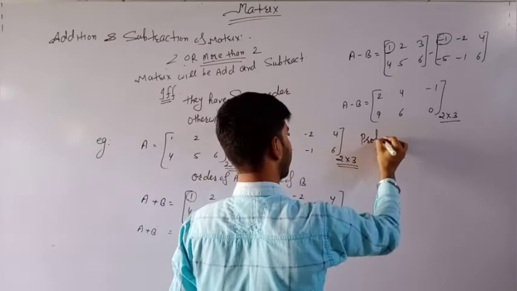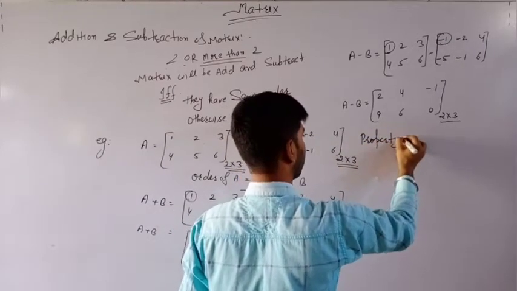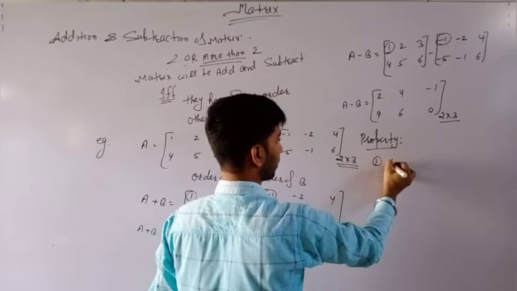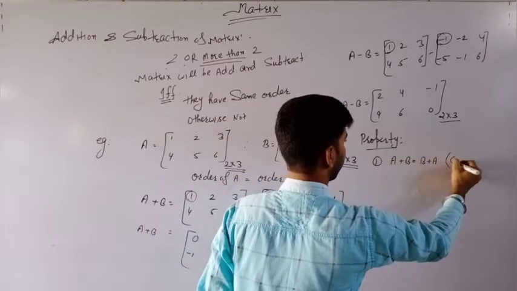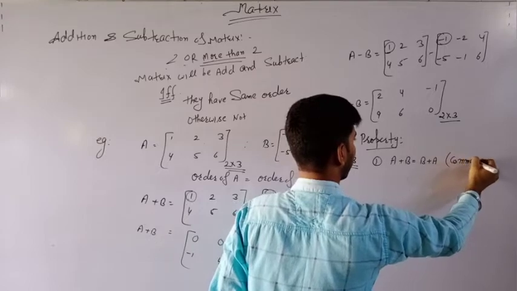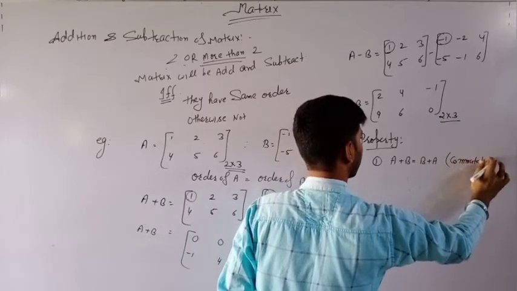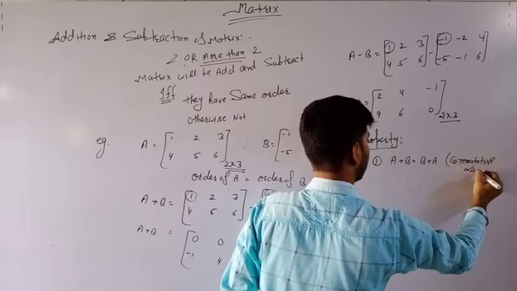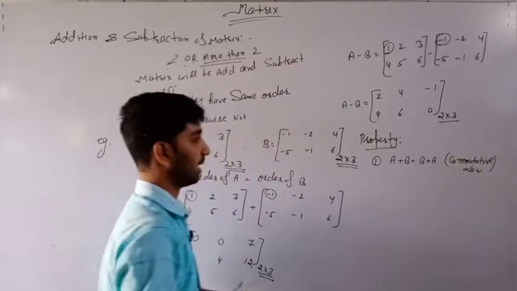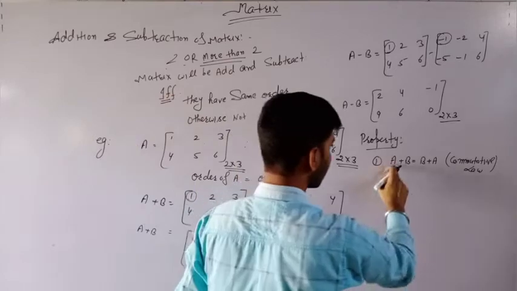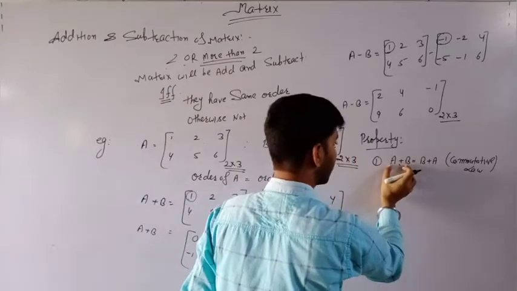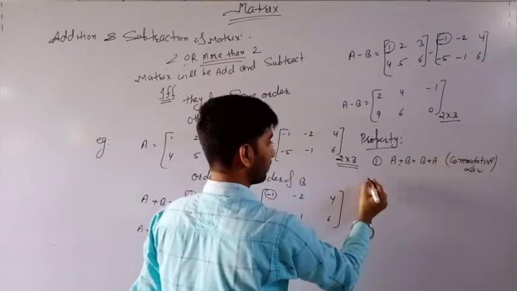Properties. First, A plus B is equal to B plus A, the commutative law. It means addition of matrix obeys the commutative law.